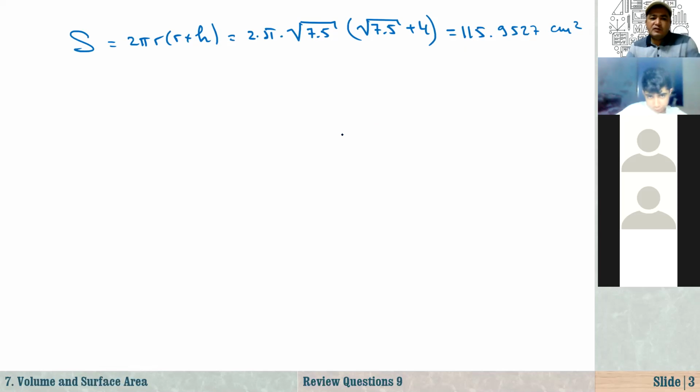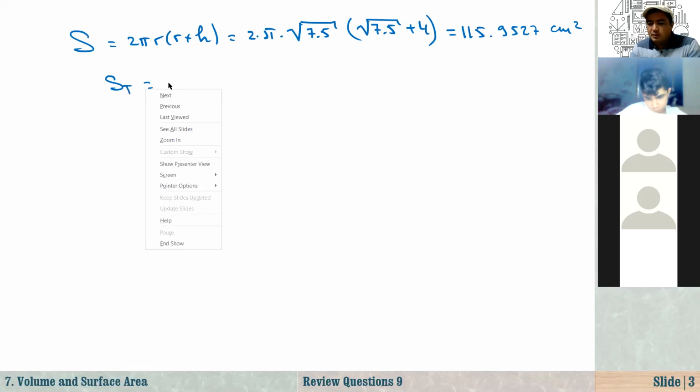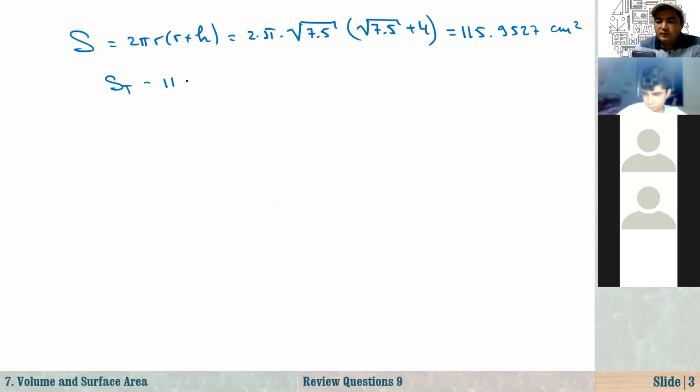Okay. Now, if you multiply this by 1,000, the total surface area of 1,000 such cylinders, it will be 115,952.74 cm squared. Okay.